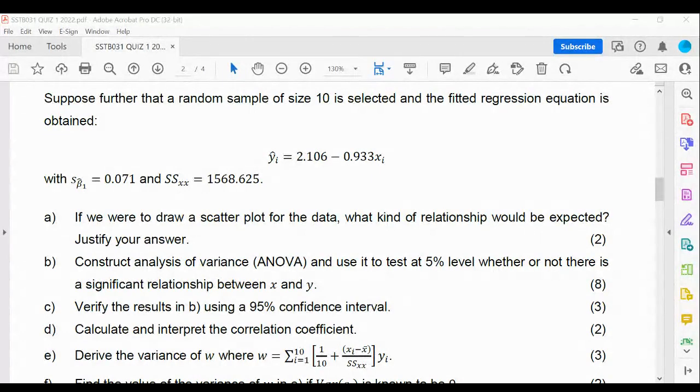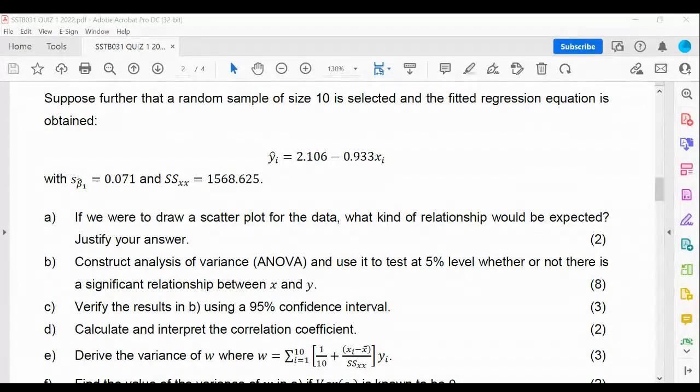So the sign of beta 1 tells us that the relationship is negative. So there's a negative linear relationship. It's simple like that. From the given information, if we were to draw a scatter plot, we're going to get a negative linear relationship.